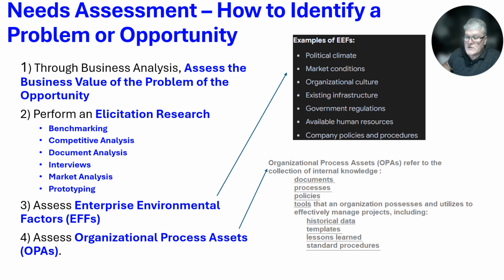Okay, you also do an assessment of your enterprise environmental factors. From PMI, they call it EEF as an acronym, and part of EEFs are the political climate. Obviously, the difference from going from Joe Biden to Trump, they have different priorities. They have different needs and wants and things like that.